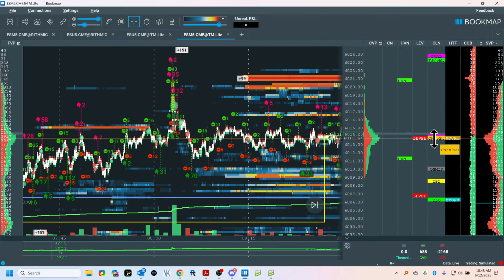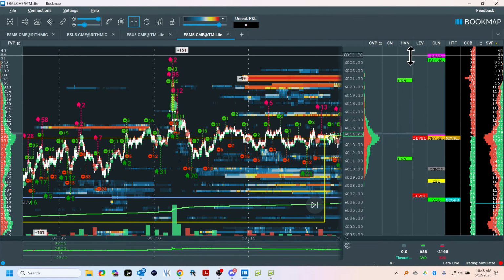I'm opening in range, but I'm not opening in value, which is up above me. What does that mean? The market is slightly out of balance. What can I anticipate? Overlapping trade, or something called a normal variation day.